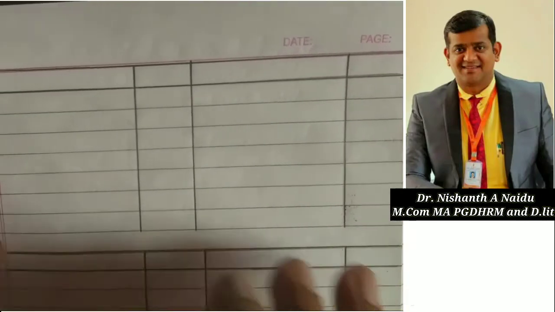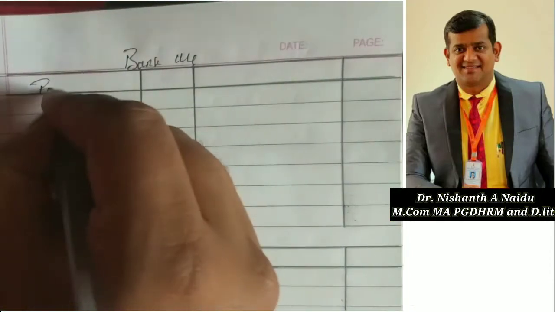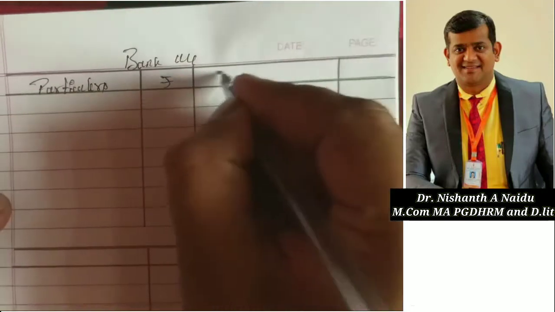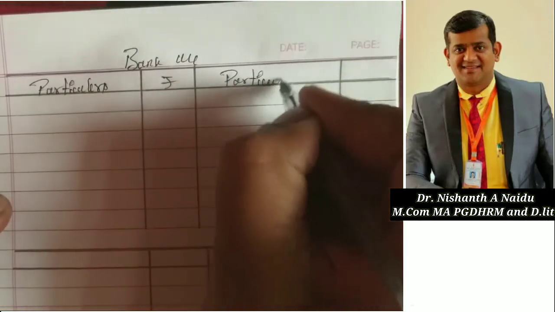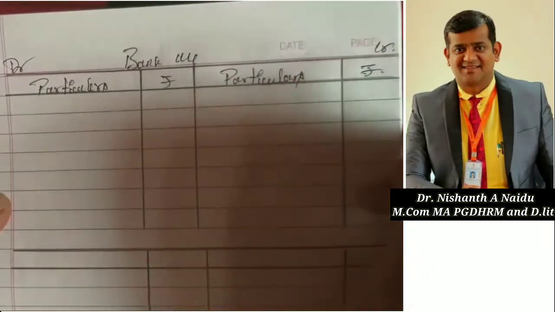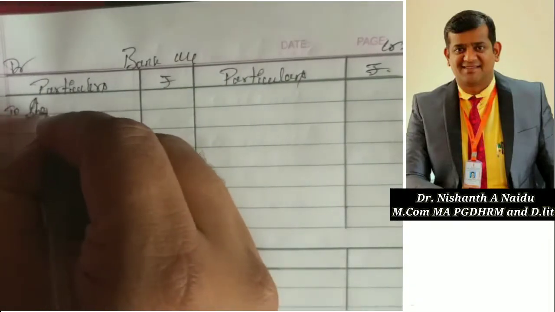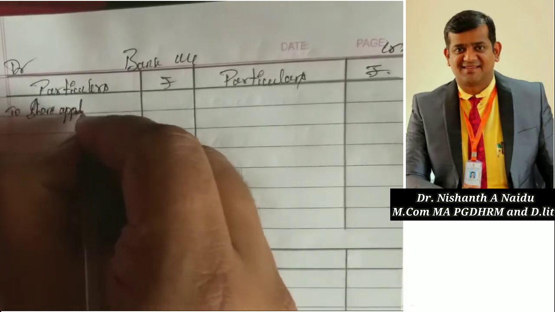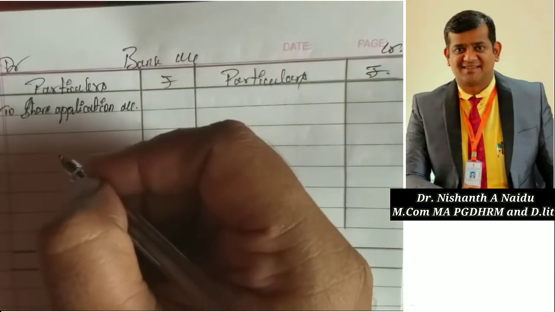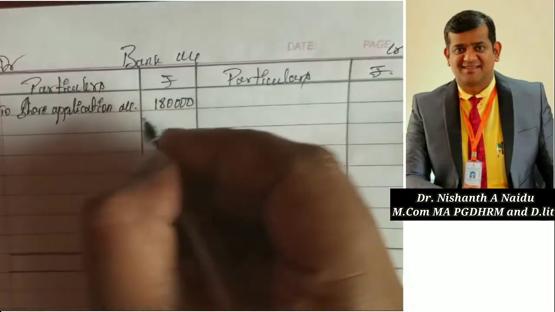So let me prepare the bank account. Bank account: particulars, rupees, particulars, rupees, debit, credit. First we are going to write, to share application account. On application, how much have we received? If you look at the first journal entry, 1,80,000.